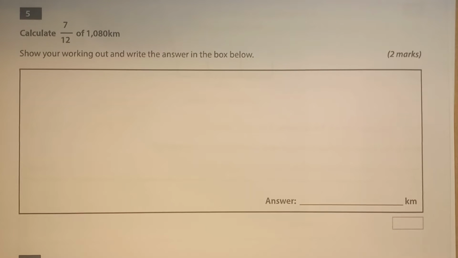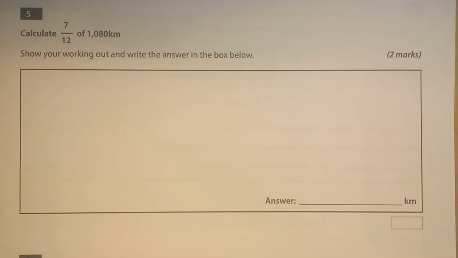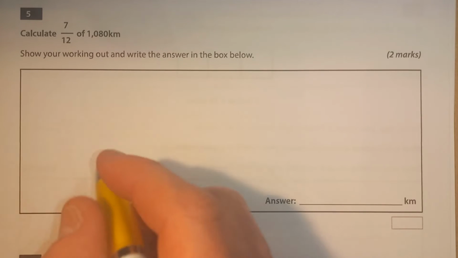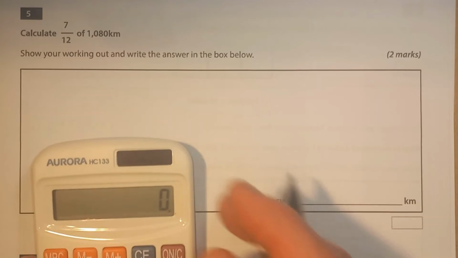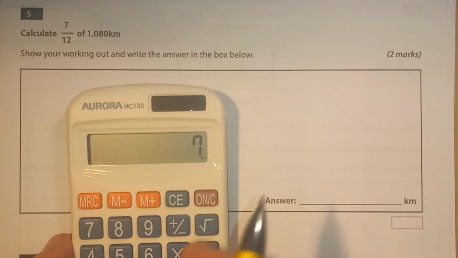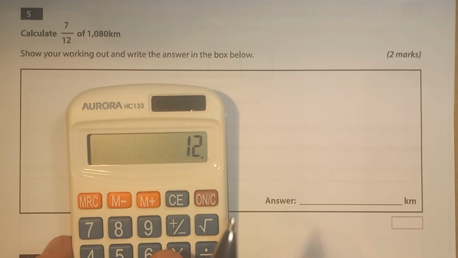Okay, question 5. Calculate 7/12 of 1080. Well, we can do that on our calculator. We can do it 7 divided by 12 times 1080.